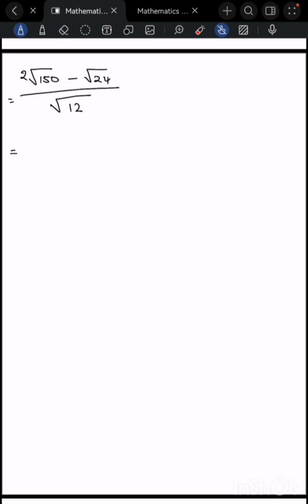All right. We have the square root of 2 times the square root of 150 minus the square root of 24, all divided by the square root of 12. The instruction here is to simplify.